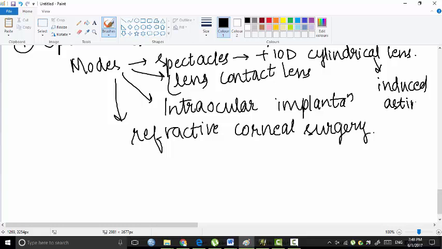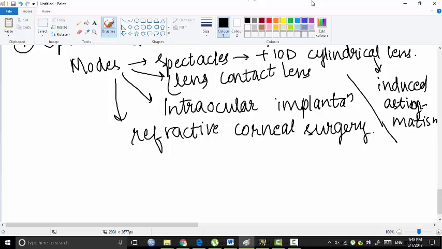Only and only if there is induced astigmatism, then these lenses are used, that is cylindrical lenses plus 10 diopters, but presently the use has decreased a lot. So now what do we generally use?